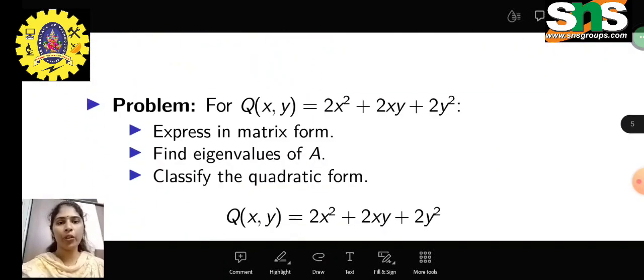So here we are going to consider q of x comma y equal to 2x square plus 2xy plus 2y square. First, this can be converted into matrix form by using a formula. After that, we will be classifying the eigenvalues of A. Next, we convert the quadratic form.